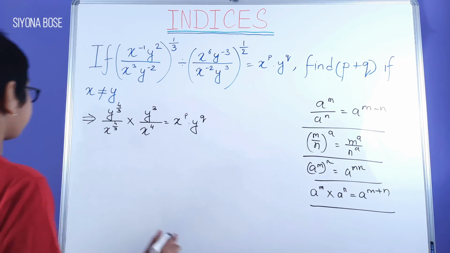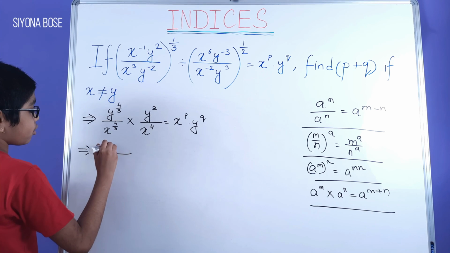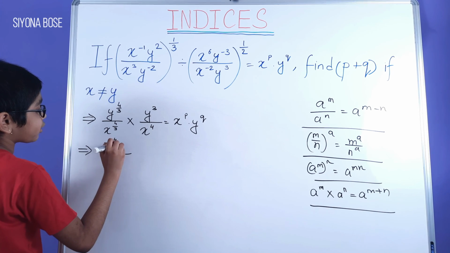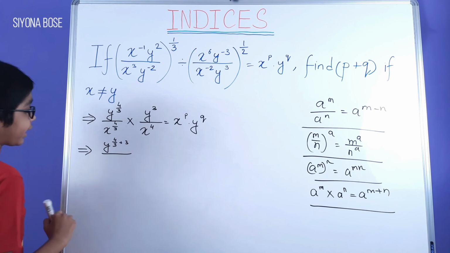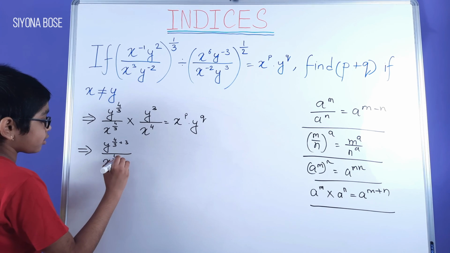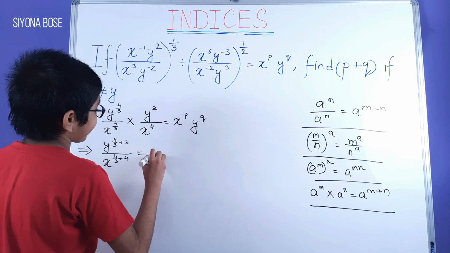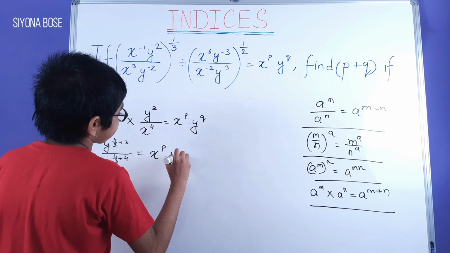Then we get over here y to the power of 4 by 3 plus 3 by x to the power of 4 by 3 plus 4, equal to x to the power of p into y to the power of q.